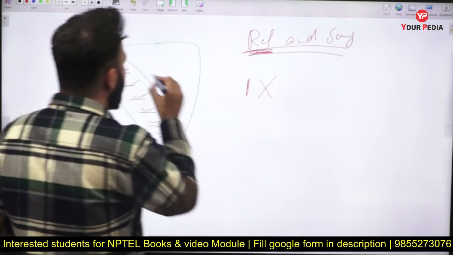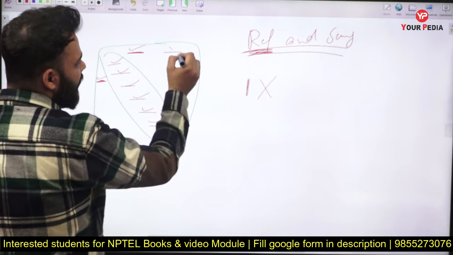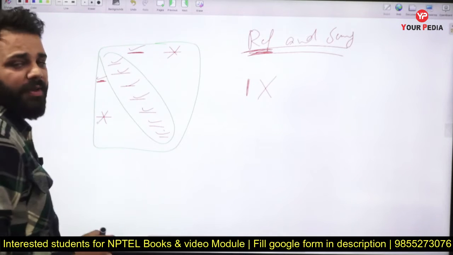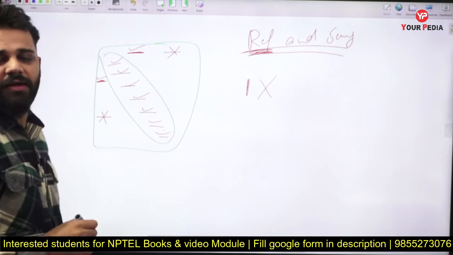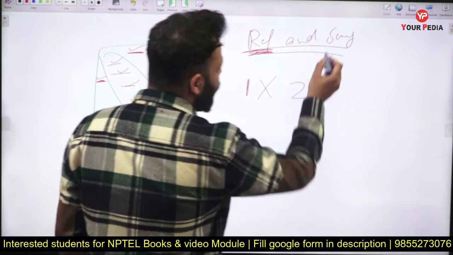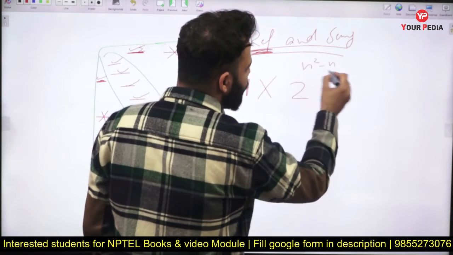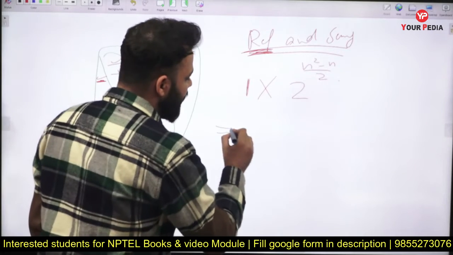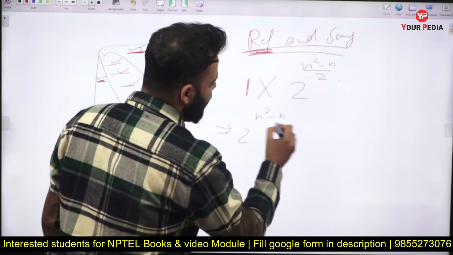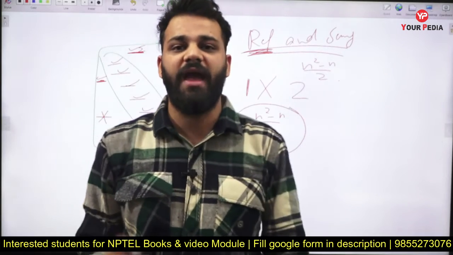For symmetric, if this element is present, this should also be present. If this element is not present, this should also not be present. So the choice of this will depend on these elements. So for symmetric, each element will have two choices, and these elements will make their choice depending on these elements. So the correct option will be 2 raised to power n square minus n by 2. These will be the number of relations which will be reflexive and symmetric.